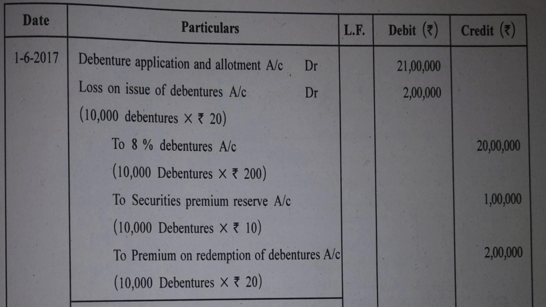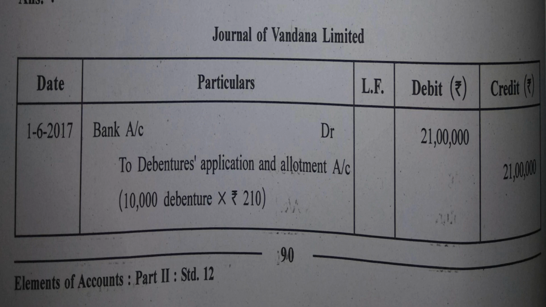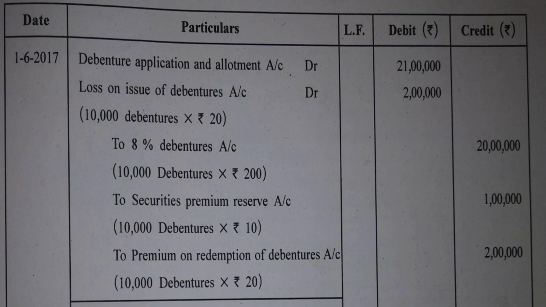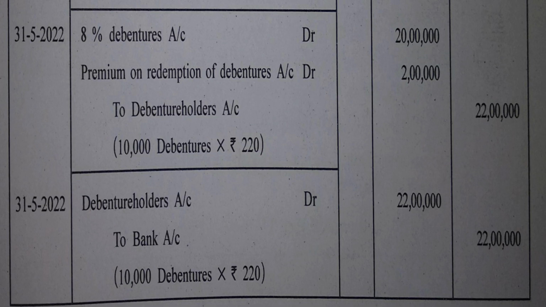Now, when are these debentures to be redeemed? On 31st/5/2022. Okay. So we have understood here that we are supposed to give 20 lakh of debentures and 2 lakh of premium on redemption. So let us see the journal entry for that.